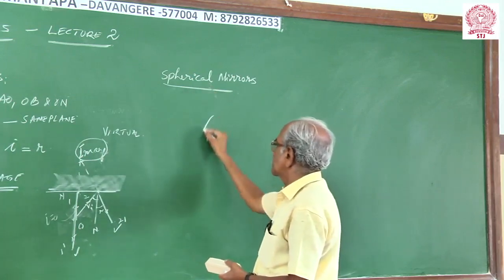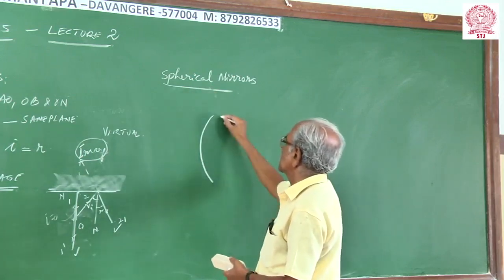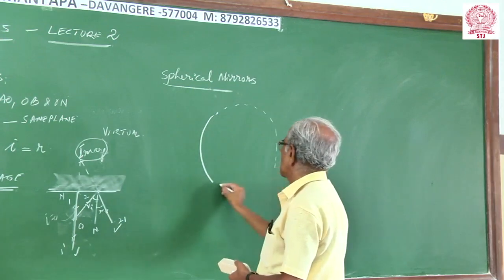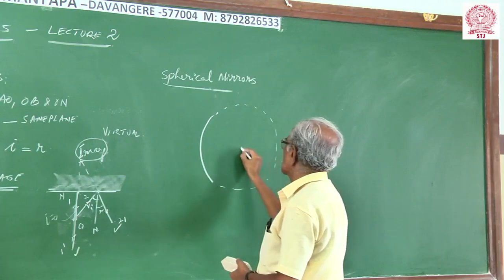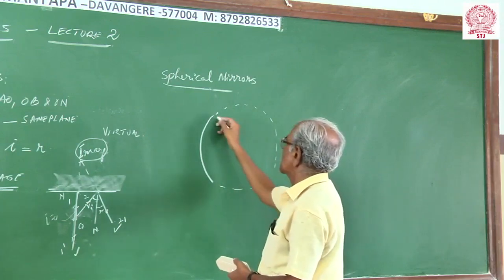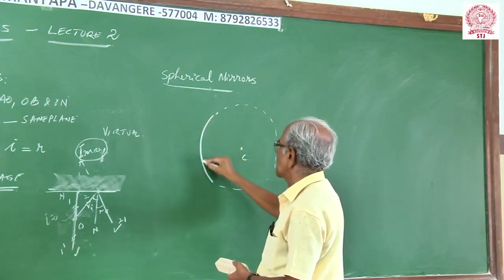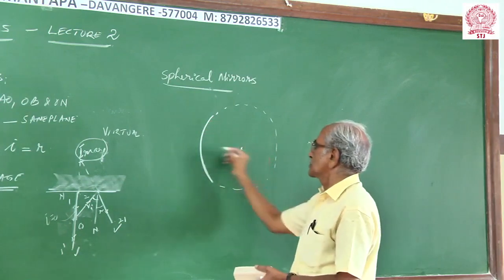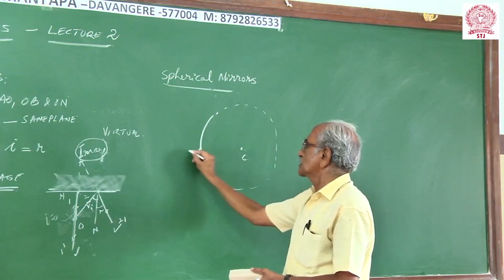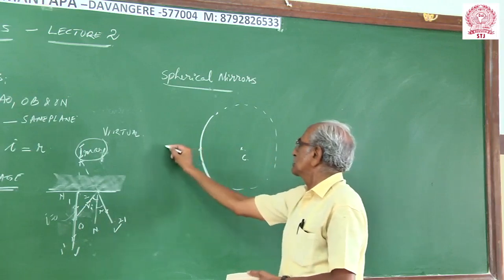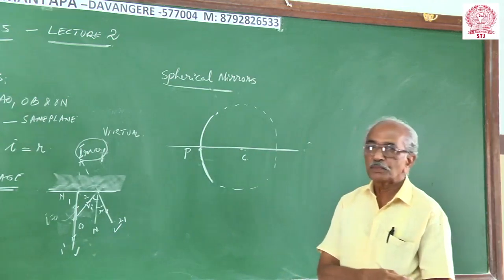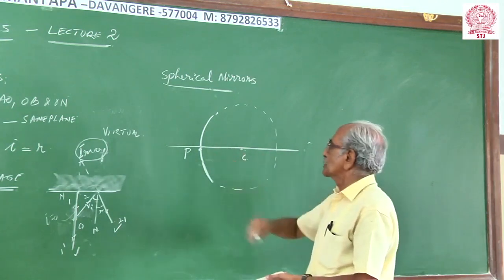So you have a mirror like this. This is a part of a sphere, let us suppose. The center of the sphere, of which the given spherical mirror forms a part, is the center of curvature. The geometrical center of the mirror is called the pole. This is the axis. Now there are two types of mirrors.